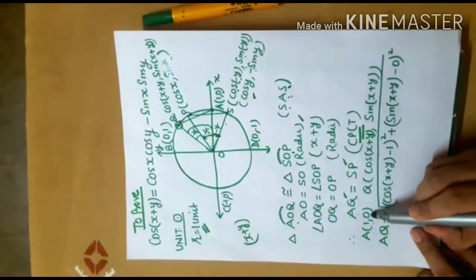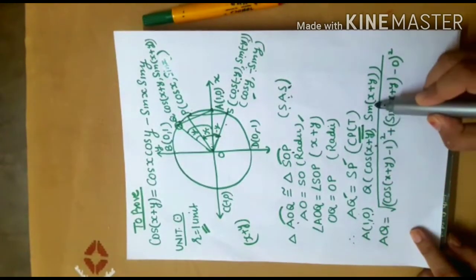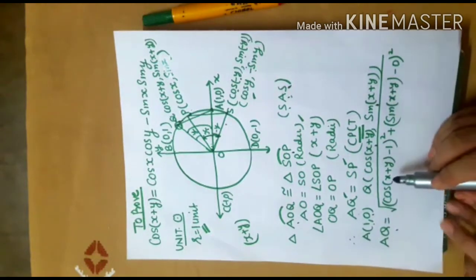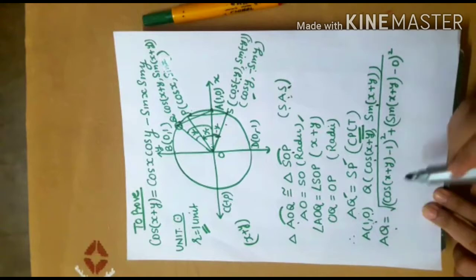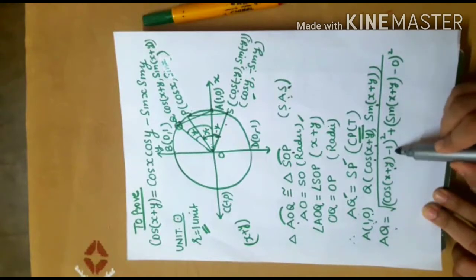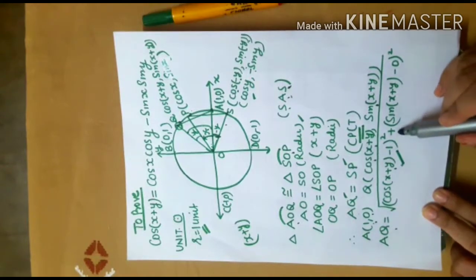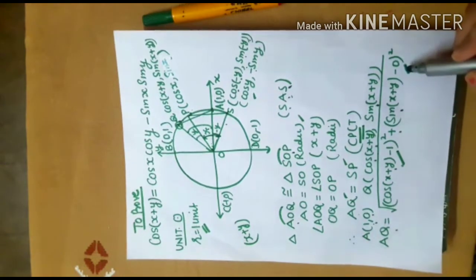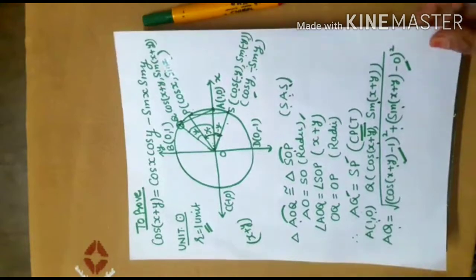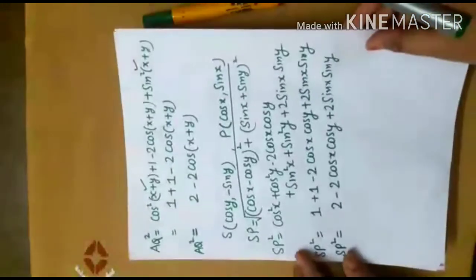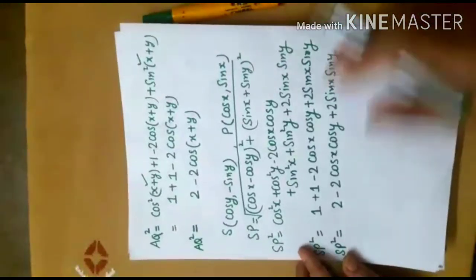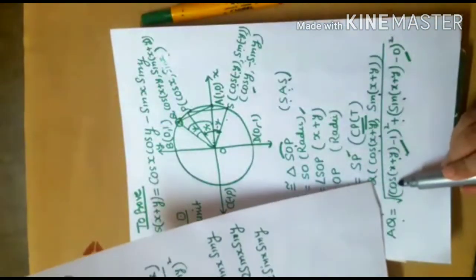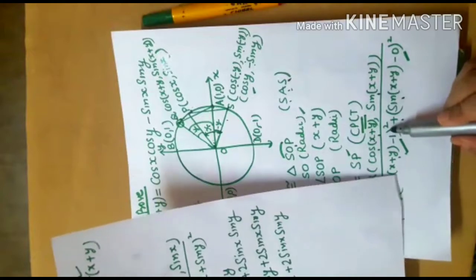This is your (x1, y1) and this is (x2, y2). So AQ will be the square root of (cos(x+y) minus 1) whole squared plus (sin(x+y) minus 0) whole squared. Right? So squaring both sides, I'll get AQ squared, and here I'll open the identity (a minus b) whole squared.